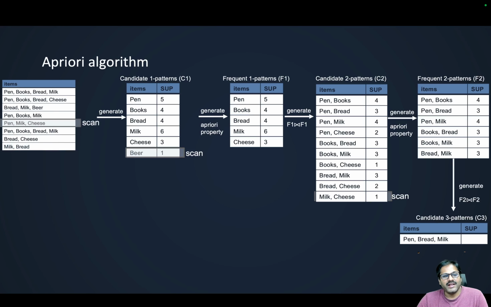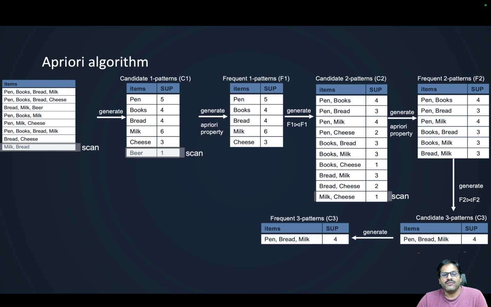Again, scan the entire dataset, determine the support, then find frequent 3 length patterns. You can keep repeating these steps until no more patterns can be generated. In our case, we stop at C3 because we cannot perform a join anymore on the F3 patterns.